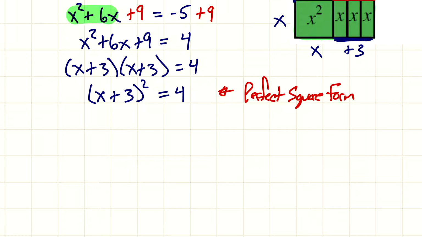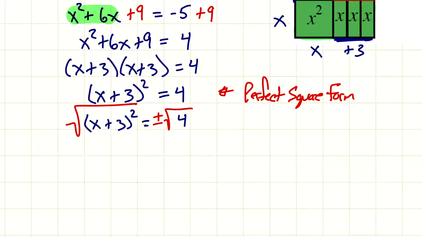So what I'm going to do is take the square root of both sides. We've done this before, so don't forget this is a plus or minus square root on the right side. This leaves us with x plus 3 equals plus or minus the square root of 4. That does reduce, but I'm going to hold off on reducing that for a minute.